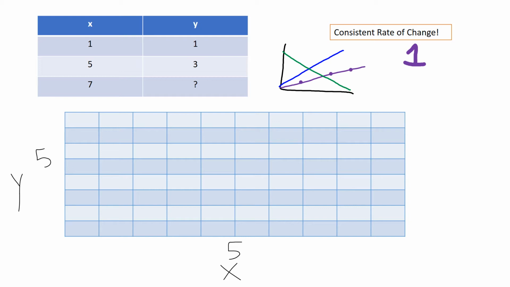And for the blue, if we have the dots, say here, here, and here, we still have a consistent rate of change. It's consistently going up by the same amount. So if we go up by 1 on the x value, we go up consistently on the y value.